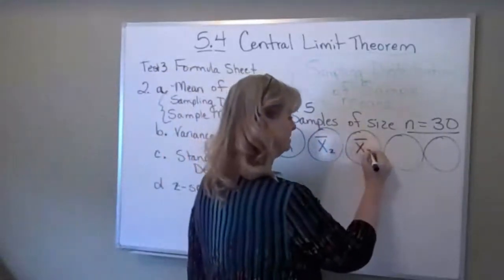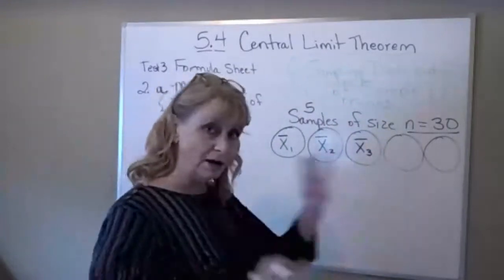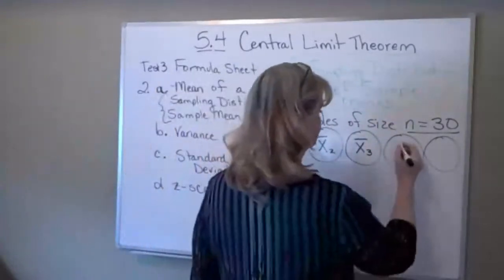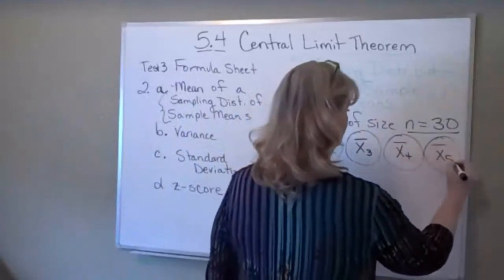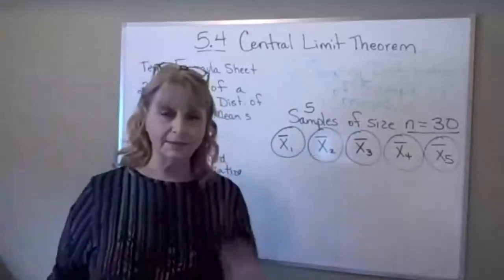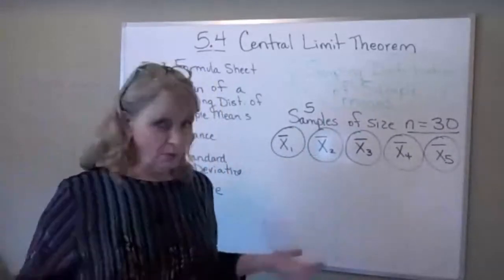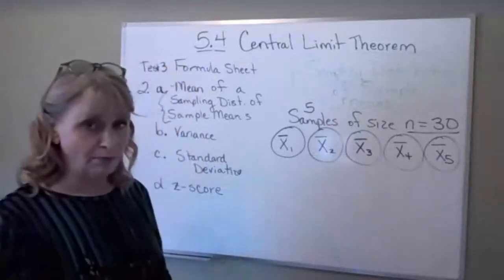So then we'll have a sample mean for these 30 randomly selected students, and these would be non-overlapping samples, and then a 4th one, and then a 5th one. Now you see what I have now are 5 sample means. It's not important how many samples you take. In this case, we took 5 sample means.